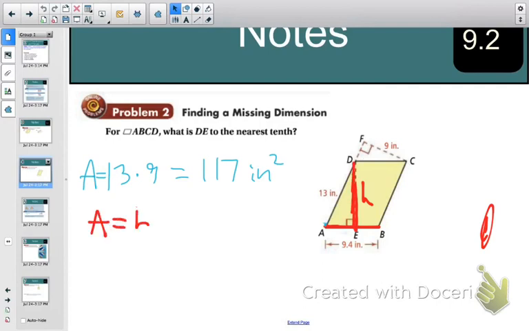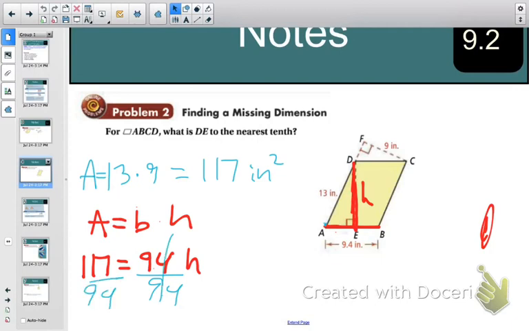So we know area equals base times height. We know our area is 117, so 117 equals our base, which is 9.4, times the height, which we don't know, and we just solve that by dividing. So 117 divided by 9.4, so we get H equals 12.446, nearest tenth would be just 12.4. And that is just in inches because it's not area, it's just height.